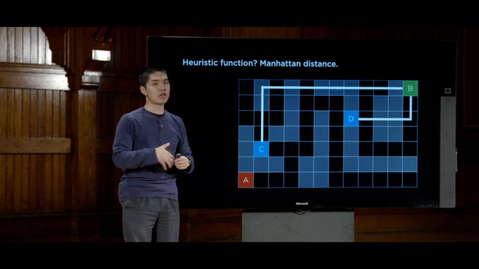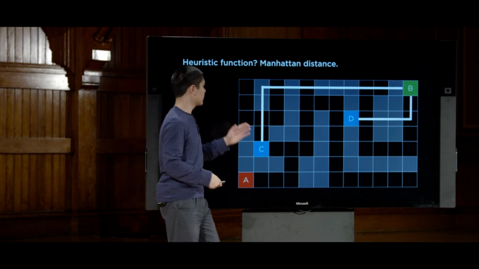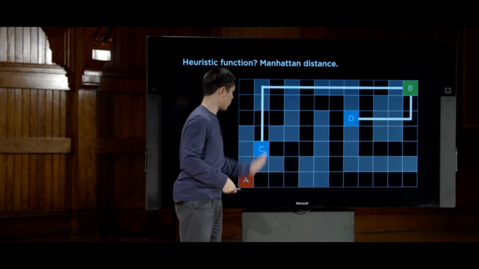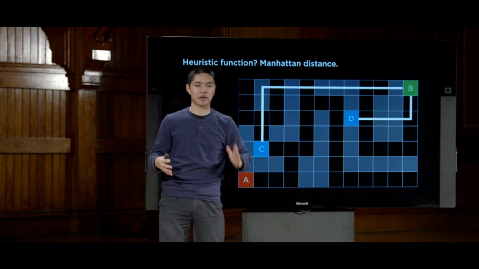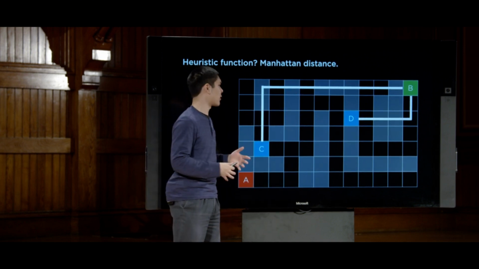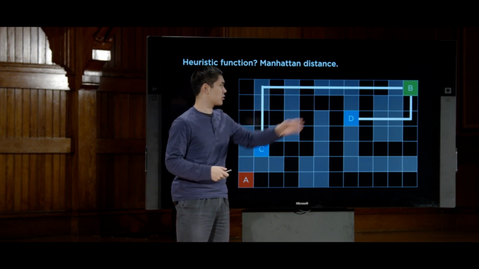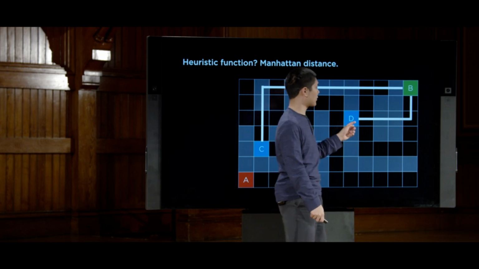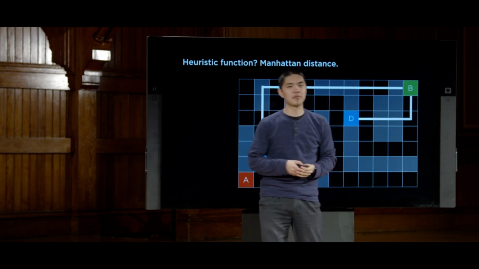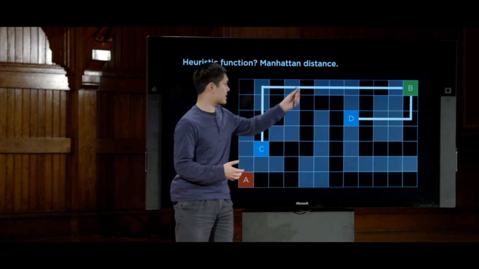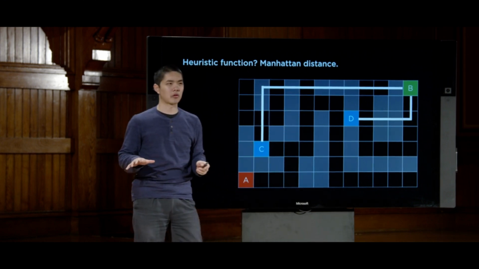And it's something called the Manhattan distance, one specific type of heuristic, where the heuristic is how many squares vertically and horizontally, so not allowing myself to go diagonally, just either up or right or left or down. How many steps do I need to take to get from each of these cells to the goal? Well, as it turns out, D is much closer. There are fewer steps. It only needs to take 6 steps in order to get to that goal. Again here, ignoring the walls. We've relaxed the problem a little bit.